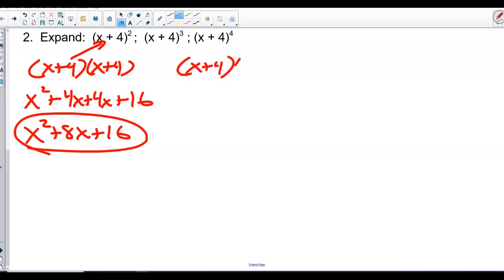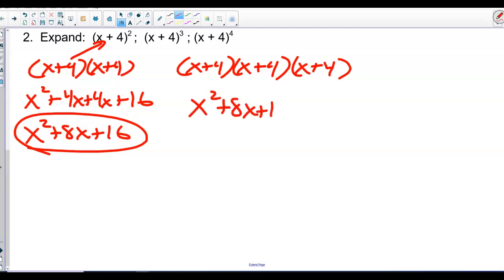x plus 4 times x plus 4 times x plus 4. If you want, you can use the fact that x plus 4 squared, we already did it. It's x squared plus 8x plus 16, and we do x plus 4.